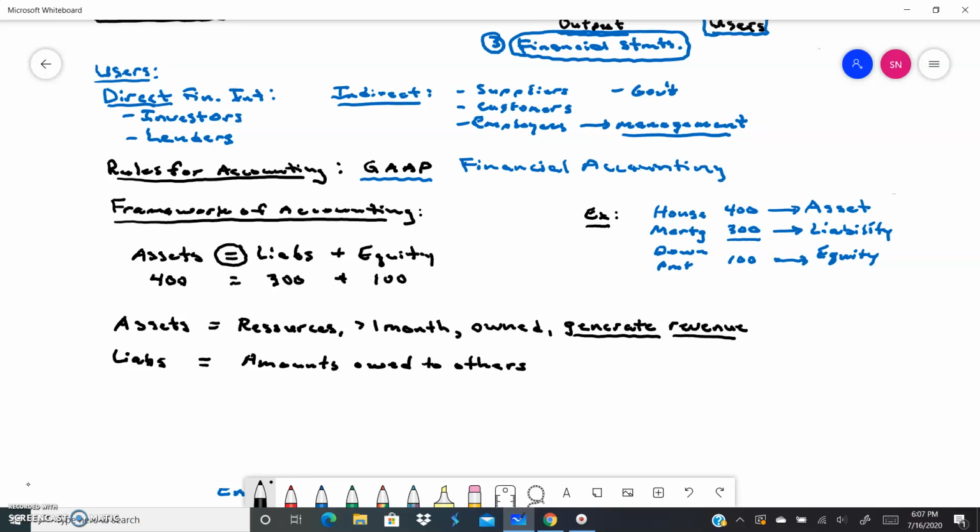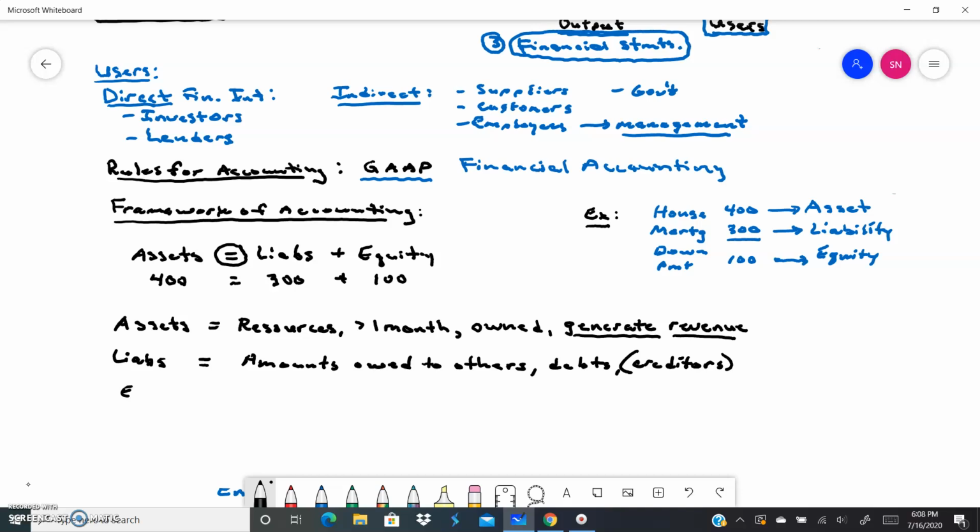So amounts owed to others, they could be debts, and they could be amounts that we owe. Let's say we purchase something on credit, so we owe that to what's called a creditor. So amounts owed to creditors.